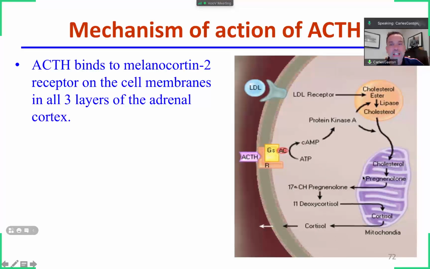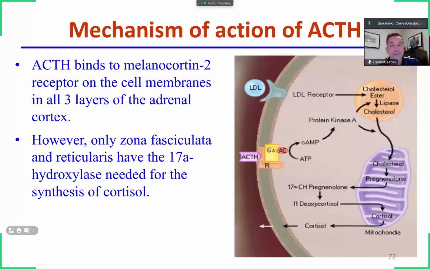So ACTH binds. What is the name of the binding site of ACTH? It is the melanocortin receptor, and the receptor is found in cell membranes in all 3 layers of the adrenal gland: the zona glomerulosa, the zona reticularis, and the zona fasciculata.